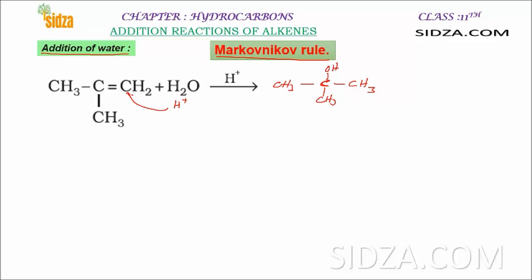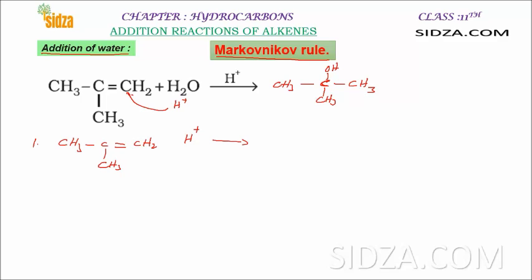So let's see here the mechanism of this particular reaction. In the first step here, the alkene molecule reacts with the electrophile, and the reaction starts with the proton, which acts as a catalyst.